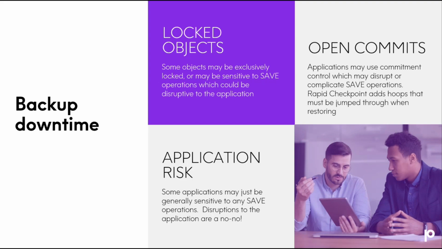Your application might be using open commitment control cycles. Just generally, running backups on the production system can be disruptive. So you might not be able to get a backup, period. And if you are in the process of doing a backup, like a save, your application might have some contention while it's trying to address an object that is currently being backed up. So these are things that can be avoided with backup while active.